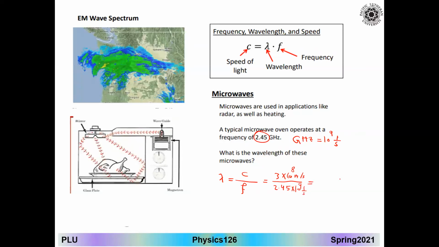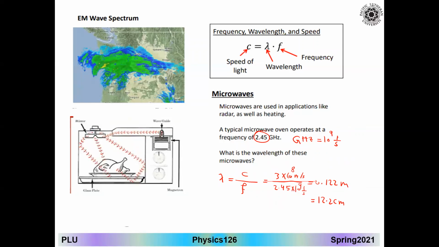If you calculate this, you end up with the value 12 centimeters, or 12.2 centimeter. So what that means here, 12 centimeter as a lambda.